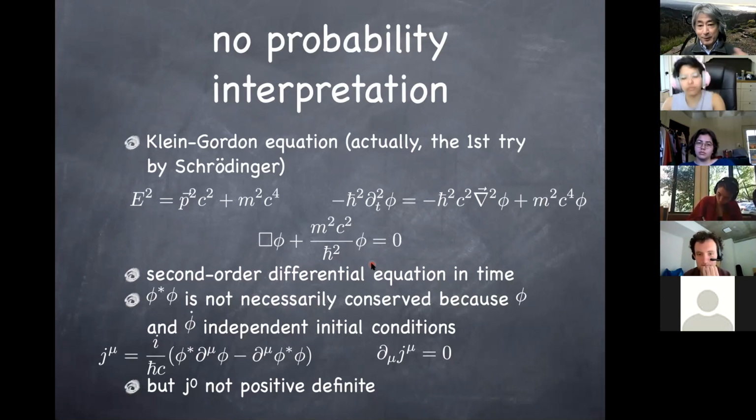So the history of physics is often very confusing and interesting. People invent something. Schrödinger invented the Klein-Gordon equation, but he abandoned it because it didn't work with the hydrogen atom and came up with the Schrödinger equation. Then later on, people realized, that's Max Born, that what the Schrödinger equation describes is a probability wave.